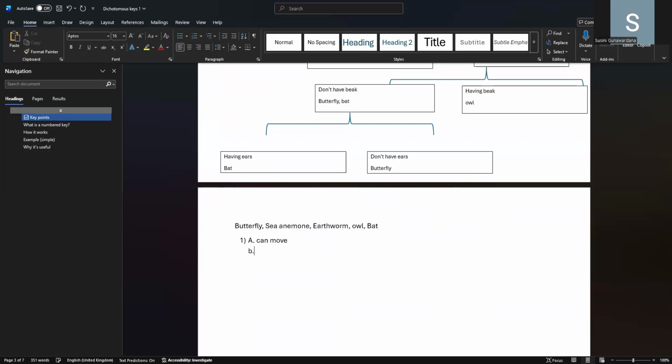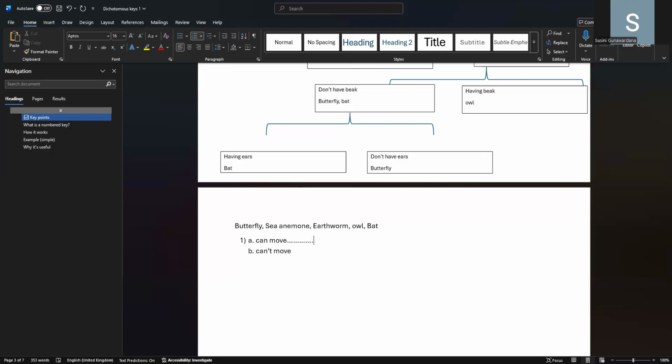This B is can't move. So this is the same characteristic, but we have taken the opposite of this characteristic. So A, B, like that way you have to write. If you're using simple words, it is better to use simple. First one, A, is can move. Second one, B, is can't move.